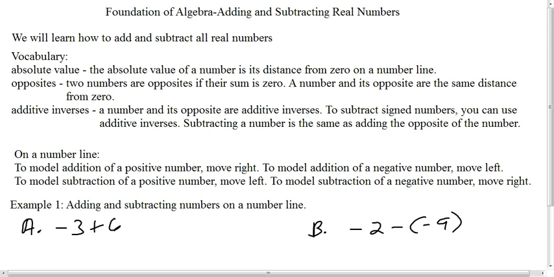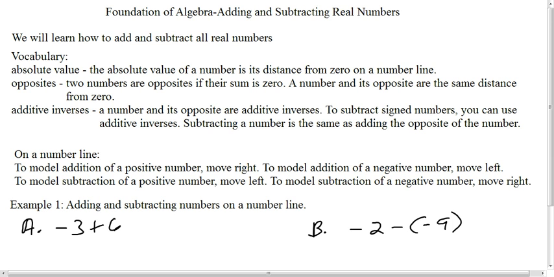Some vocabulary that we need to take a look at is absolute value. Very important here, because the absolute value of a number is its distance from 0 on the number line. So for instance, the absolute value of 10 is 10 units from 0, so the absolute value is literally 10.